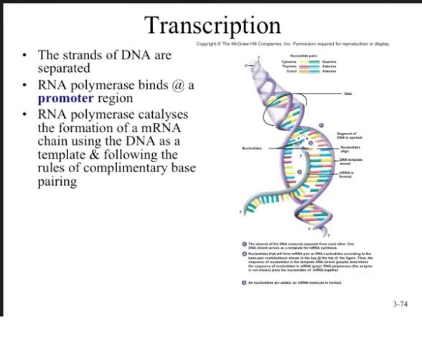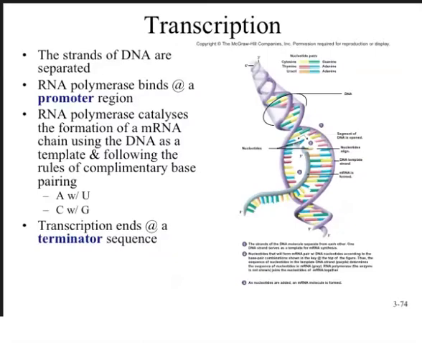So the RNA polymerase will catalyze the formation of the messenger RNA using the information in the DNA strand as a template and following the rules of complementary base pairing. Essentially, anywhere we see an A in the DNA strand, we're going to incorporate a U. Anywhere we see a C in the DNA strand, we're going to incorporate a G. And what will happen as a result is that you'll get a perfect complement of the strand of DNA known as the coding strand.